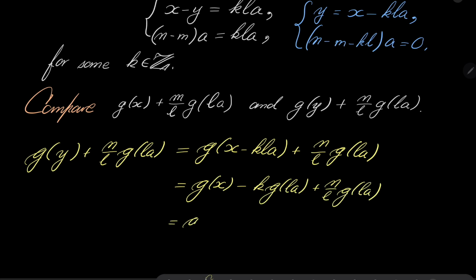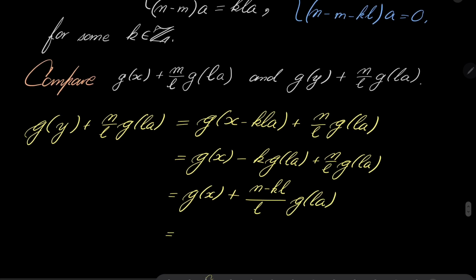All right, so we have g of x, and now here we can write it as n minus kl over l g of la. But notice that n minus kl over l g of la is m over l g of la.